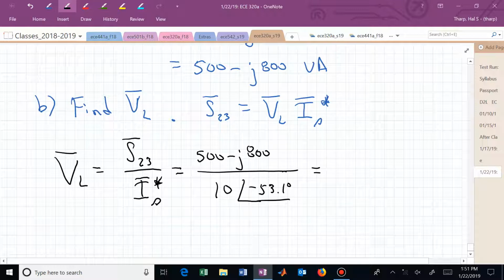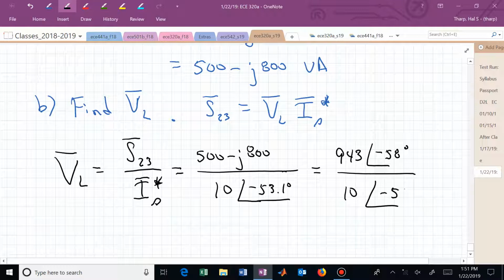We can find the polar form, or magnitude and angle, of that rectangular complex power by finding the magnitude. That's just the hypotenuse of that right triangle, and the angle is going to be the angle associated with 800 in vertical and 500 in horizontal, or we now have 943 at an angle of minus 58 degrees, all divided by 10 at an angle of minus 53.1 degrees.